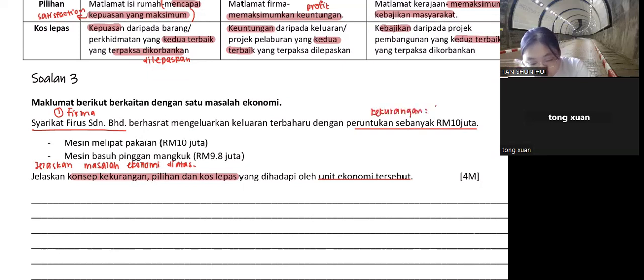What is this? Sumber ekonomi, or we can say faktor pengeluaran. They got to think of whether to produce a machine melipat pakaian or a machine basuh pinggan. Basically, you got to tell me these two things. Total need 19.8 juta, so not enough. Terpaksa membuat pilihan.